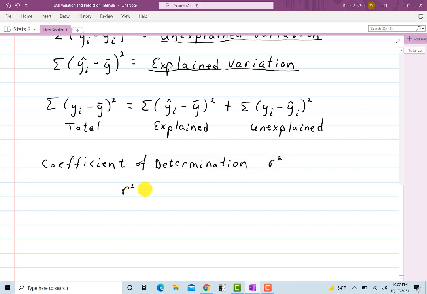And r squared equals the explained variation divided by the unexplained variation.